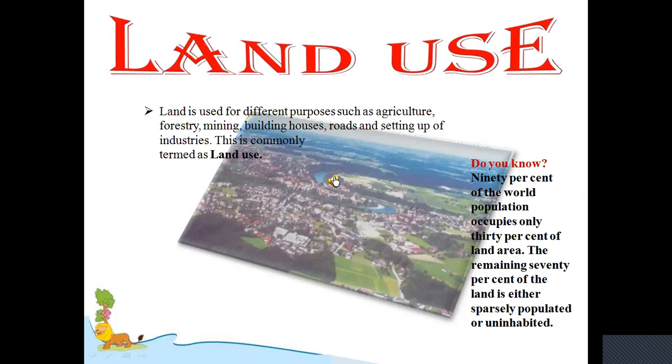Children, do you know 90% of the world population occupies only 30% of land area. The remaining 70% of the land is either sparsely populated or uninhabited. Sparsely means very few, and uninhabited means nobody lives over there.